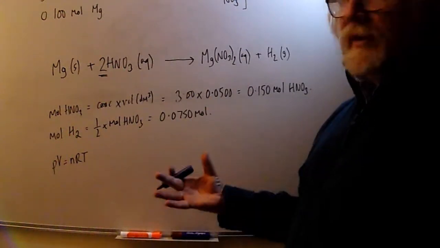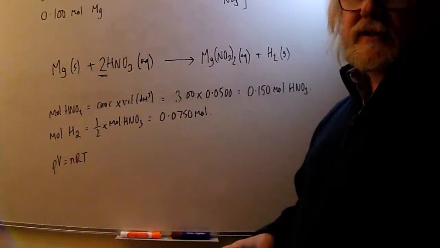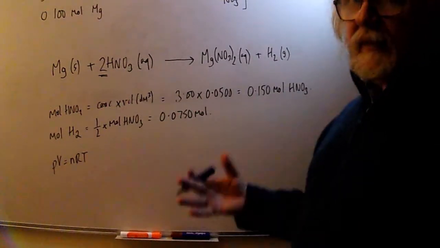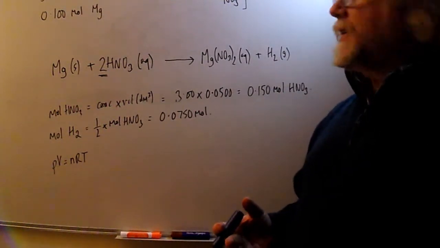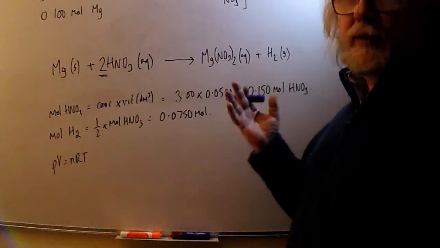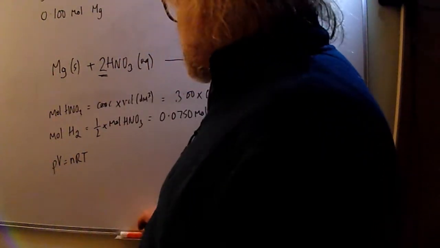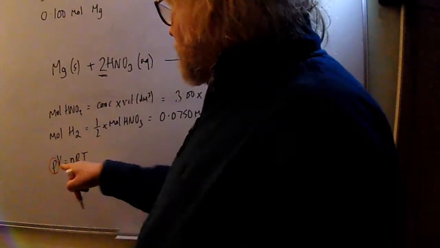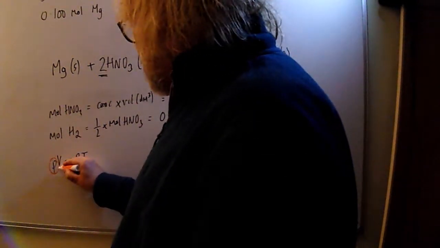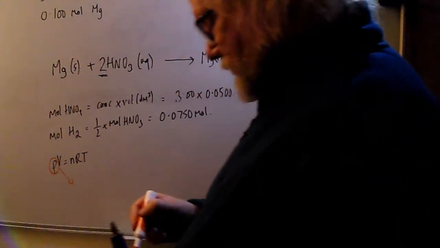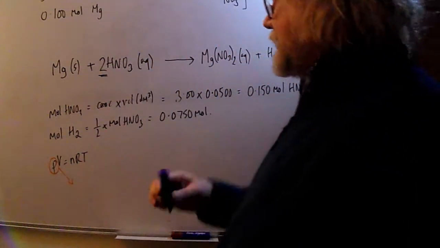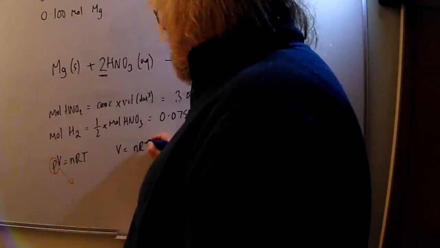Rearrange the equation first with a little bit of algebra and then put the numbers into it, because it makes your working so much clearer if you do that, and it means if you make a mistake at any point, you're much more likely to get the marks for working. So we can do that. All we've got to do is to move that P over to the other side, because we want to get the V on its own, and as always things slide diagonally across, so it'll move from the top line on the left to the bottom line on the right, and we get V is equal to nRT over P.